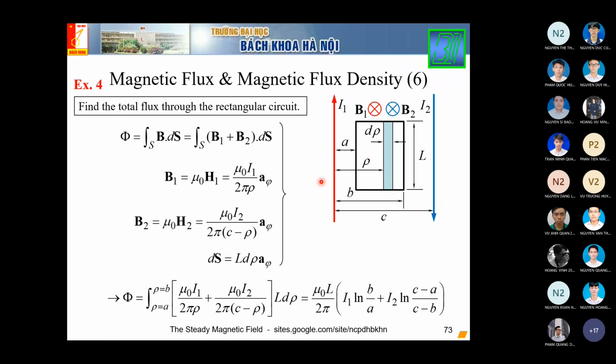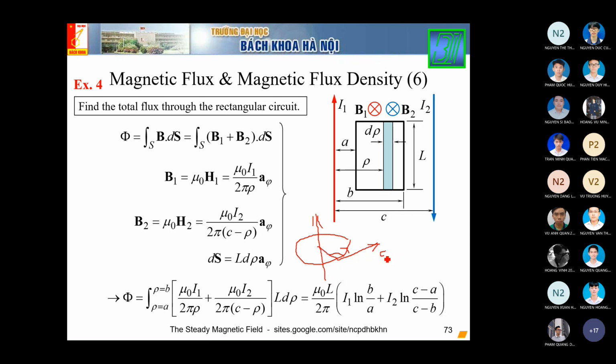But why does it depend on the direction, a phi? A phi, because look at this. I will try to draw a 3D figure. This is the magnetic field created by the current I1, and a phi is tangent to the circle, meaning that it is perpendicular to the radius.